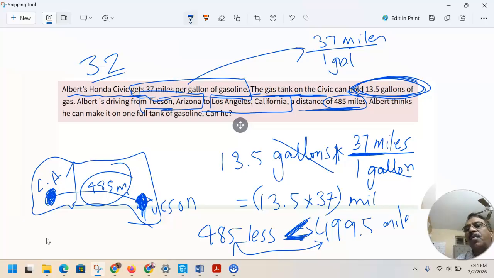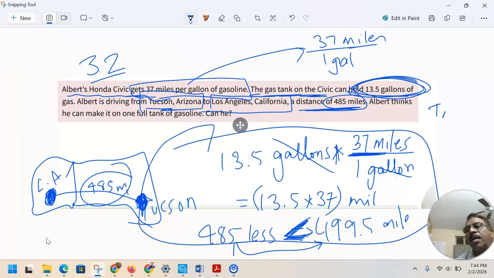In reality, if you really want to drive, you'll always try to fill the tank somewhere in between, so that you safely reach LA.